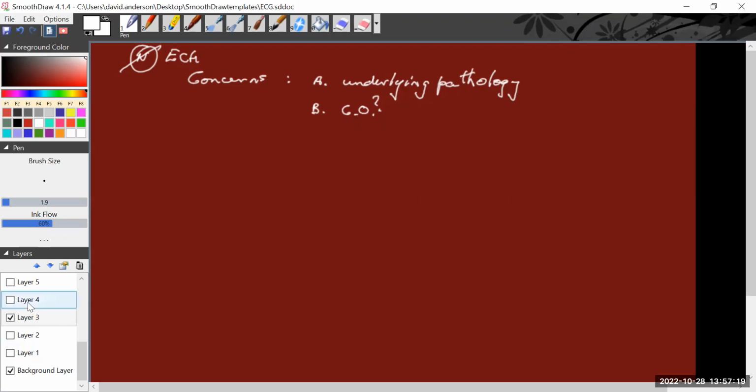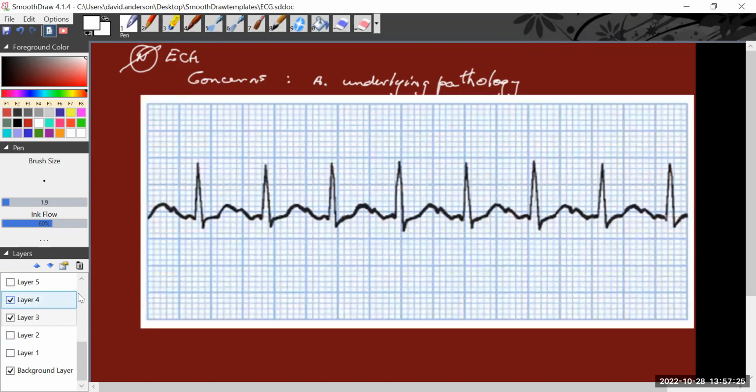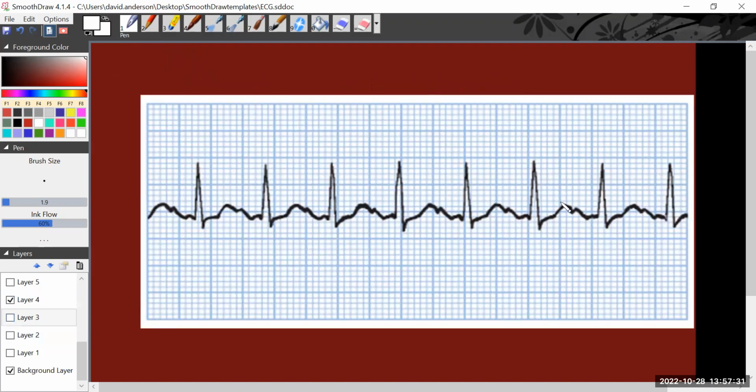So the first one we're going to take a look at is a rate difference. So we're going to take a look at this drawing right here, this ECG. If you remember, I said between the QRS complexes there were 4 squares, just a little over 4 squares.